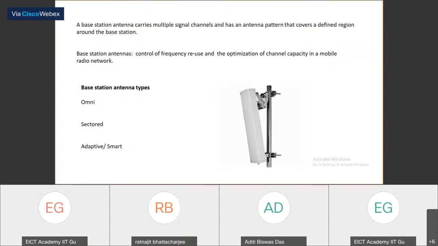So what are the parameters we look into when somebody wants to design base station antennas? What are the parameters that are to be taken into consideration? This is very, very crucial because from an antenna designer's point of view, the challenges they are going to face will be determined by those parameters.